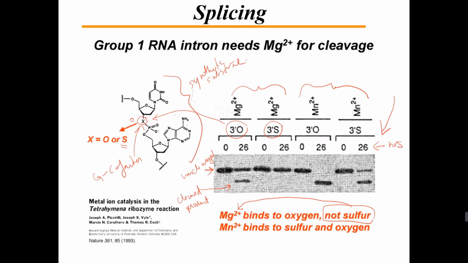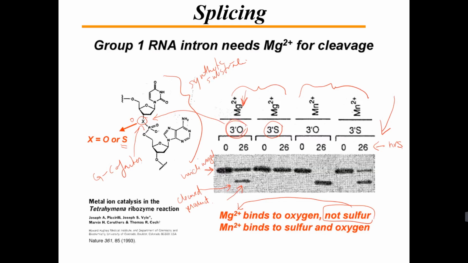So what the data actually reveals is that in the presence of magnesium, so we're focused on this set of results here, when the atom is an oxygen in that 3' position in our synthetic substrate, after 26 hours, we start to see cleavage, self-splicing of the intron once we provide that particular G cofactor.